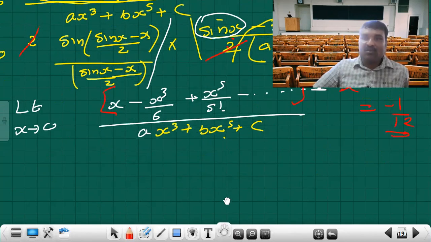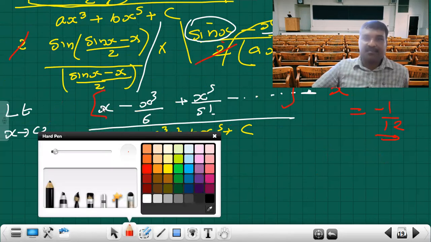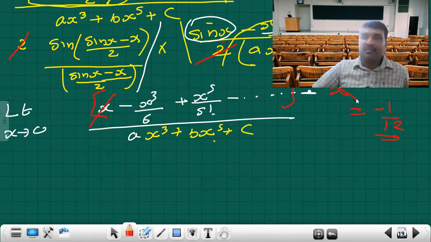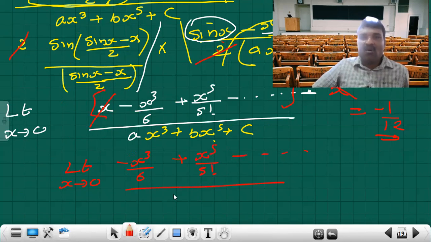Okay, so this x and minus x will cancel, right? And what are the remaining terms? Limit x tends to 0 of minus x cube by 6 plus x raised to 5 by 5 factorial minus higher order terms, all divided by a x cube plus b x raised to 5 plus c.